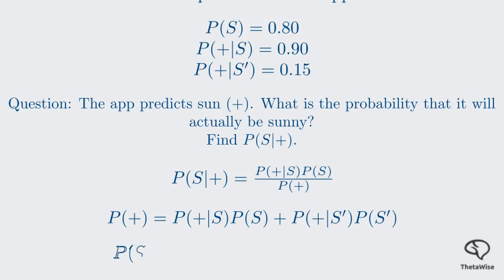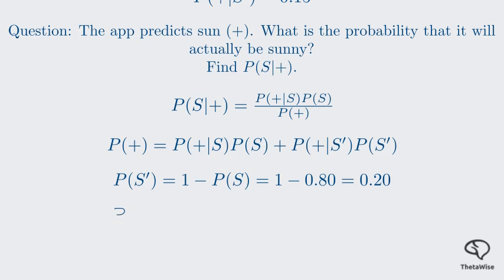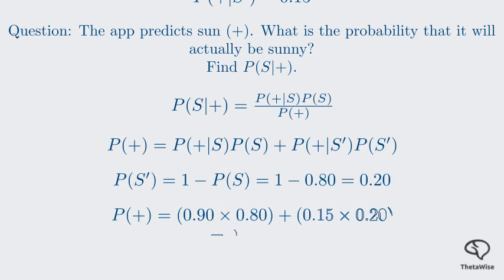Don't forget the complement. P of S prime, the probability of it being cloudy, is 1 minus P of S, which is 1 minus 0.80, or 0.2. So P of plus is 0.90 times 0.80 plus 0.15 times 0.20, which equals 0.72 plus 0.03, giving us 0.75.